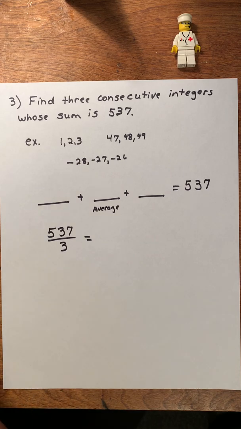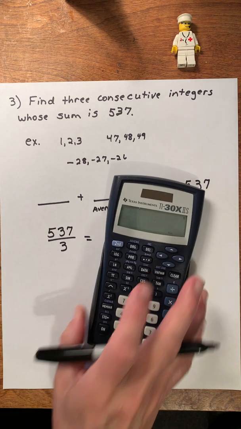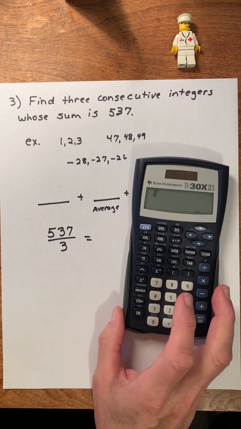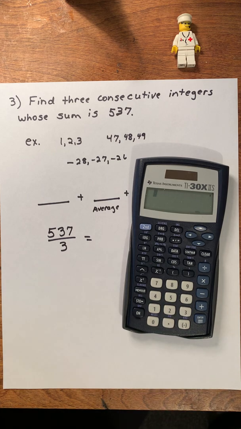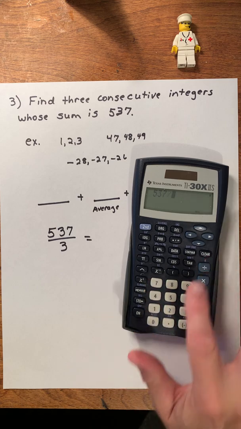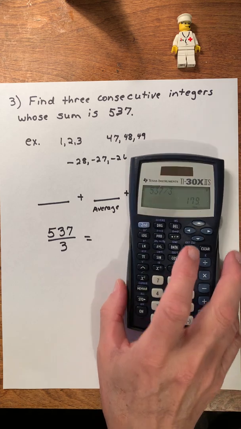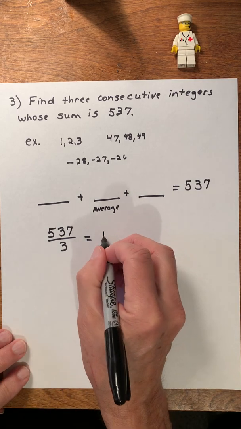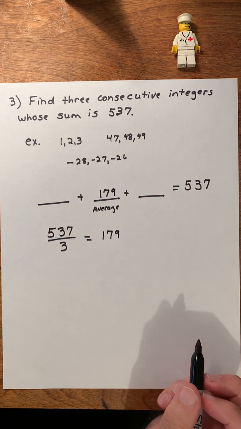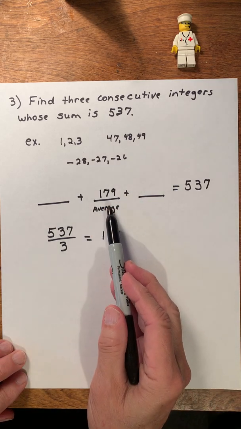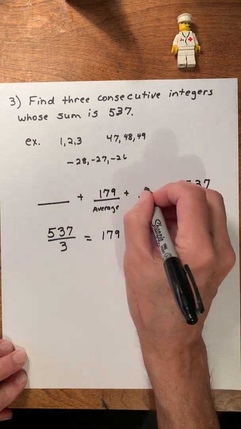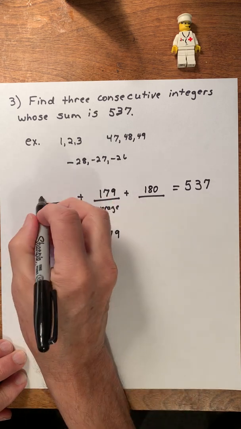And I'm going to use something that I highly suggest you use here, your very cheap $10 scientific calculator, which each of you should have for your quizzes, your assignments, and especially for your test. 537 divided by 3, why that's 179. So I have just found the middle value, also known as the average. I've just found the middle value of these three consecutive integers. Hey, the one larger, that's easy. And the one smaller, got it.